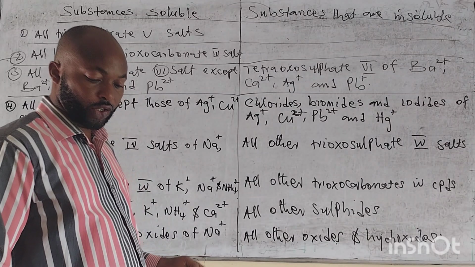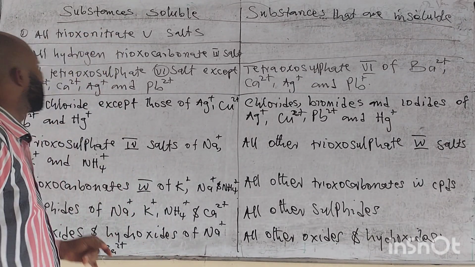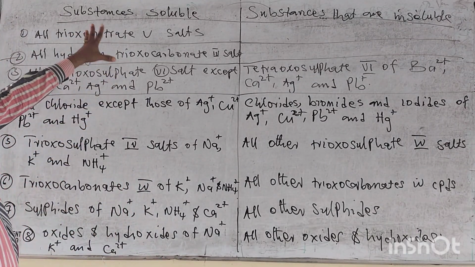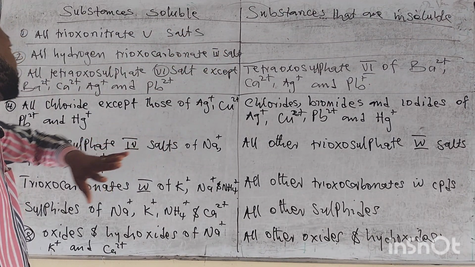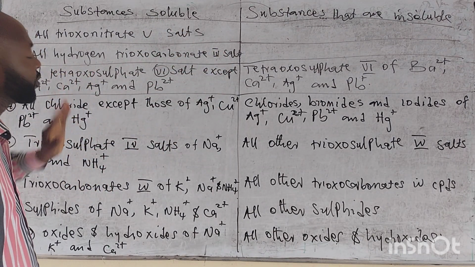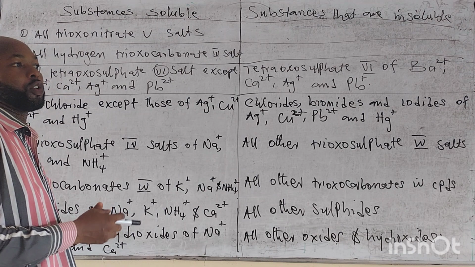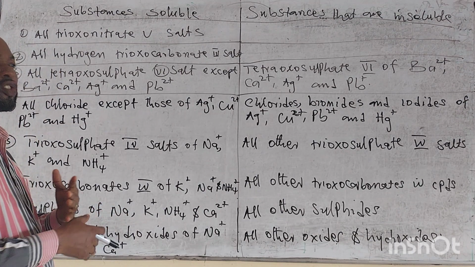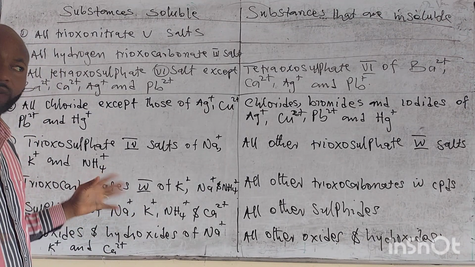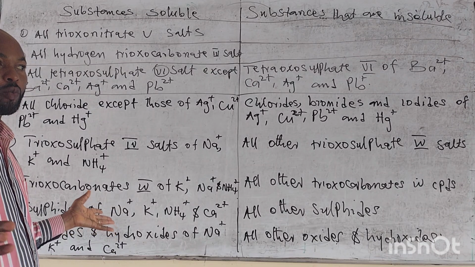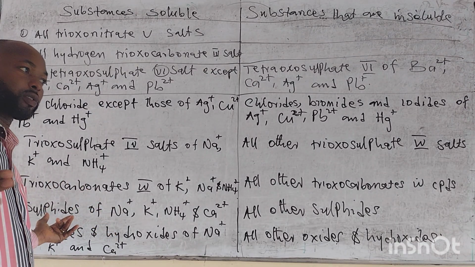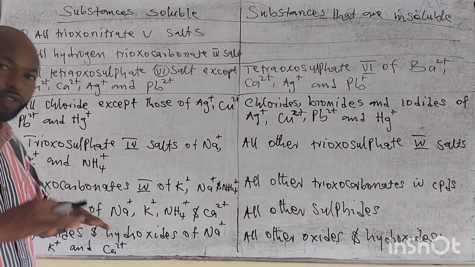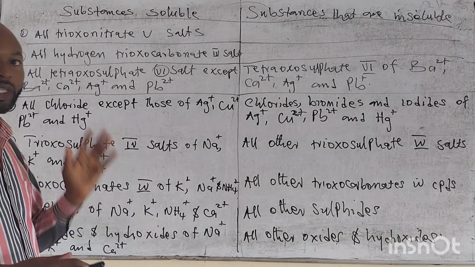Under solubility of salts in water, we say the substances that are soluble and the substances that are not soluble. All trioxonitrate(V) salts are soluble. So any compound that has to do with trioxonitrate(V) is soluble. Potassium trioxonitrate(V), calcium trioxonitrate(V), magnesium trioxonitrate(V), anything that has to do with trioxonitrate(V) is soluble in water.